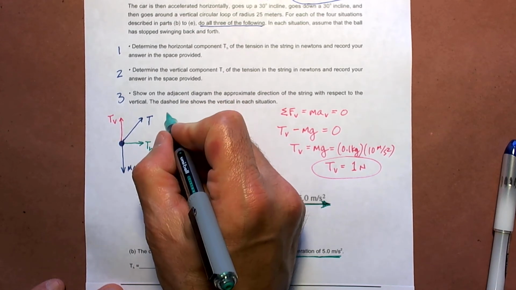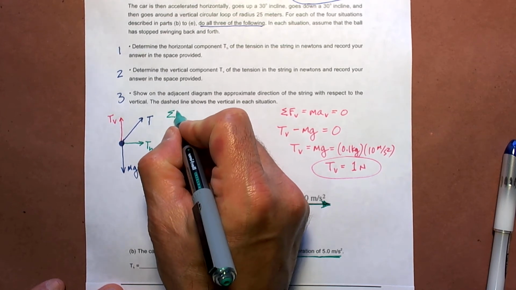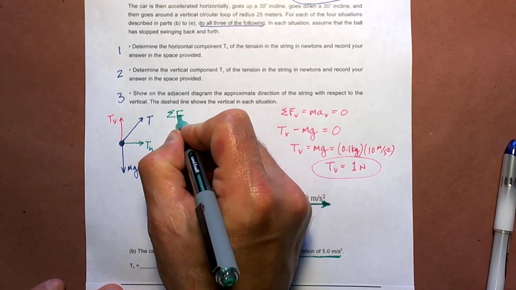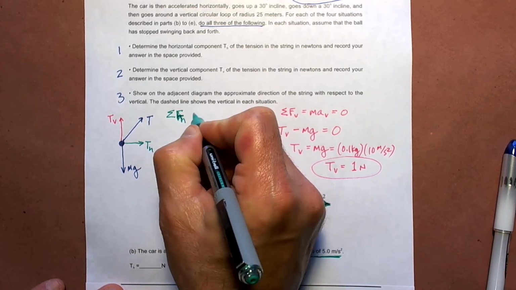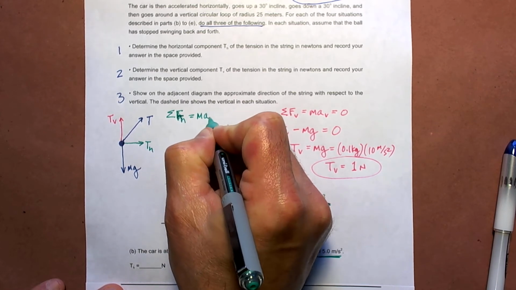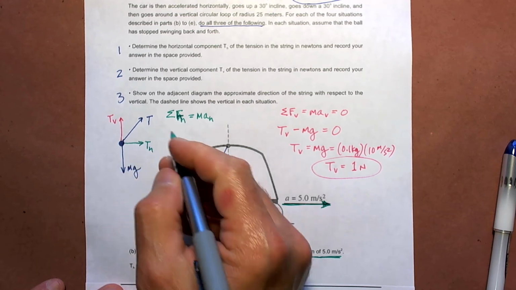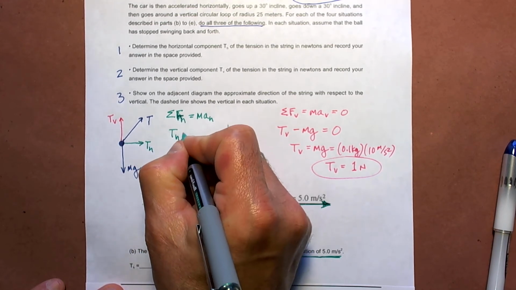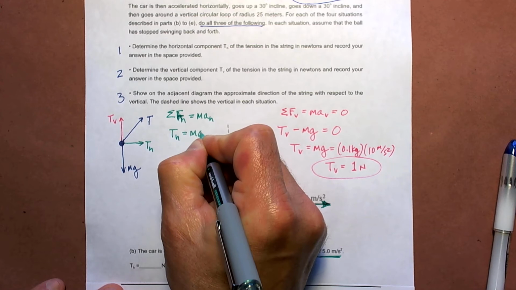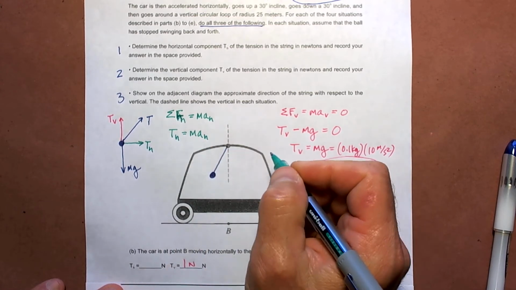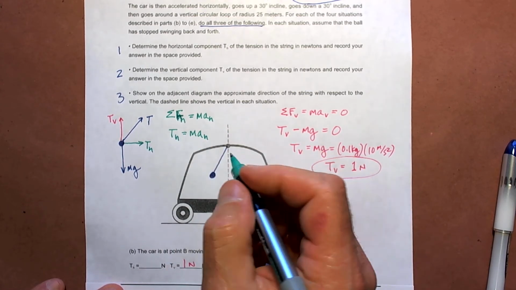In terms of the horizontal component, we can do the same thing. We can say the sum of the forces in the horizontal equals M times A in the horizontal. We can see that there's only one force in the horizontal, that's the TH, and that's going to equal M times A in the horizontal. And we know everything. We can plug and chug.